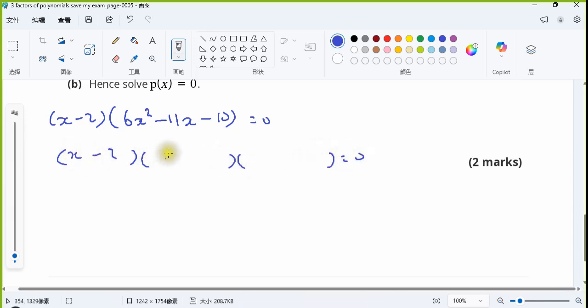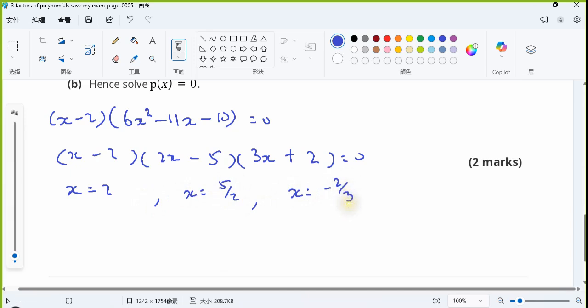So x minus 2, then we have the 2x, 3x, 2 times 5. So 5, 2, minus 15 plus. So we have x equal to 2, x equal to 5 over 2, and x equal to negative 2 over 3. Okay. So 2, 5 over 2, negative 2 over 3.